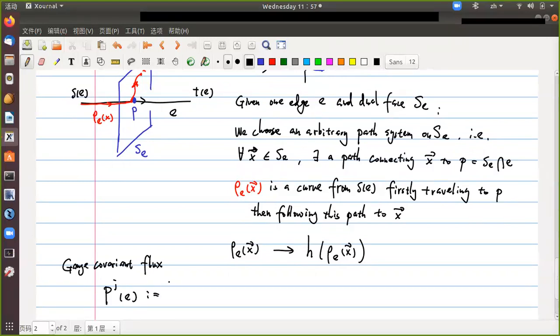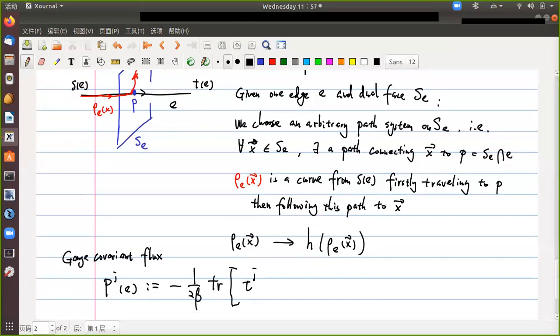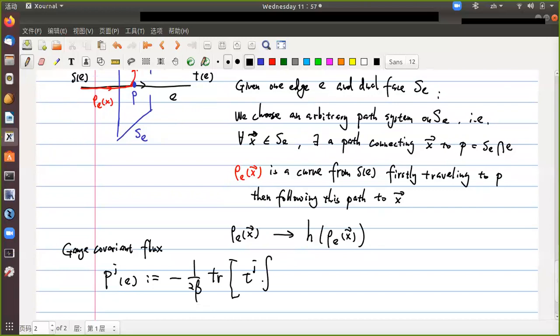This is defined to be minus 1/(2 beta), which is some conventional factor, and trace, where tau_j relates to the Pauli matrix, and you have a surface integral on the face S of E, and then epsilon_{abc}.